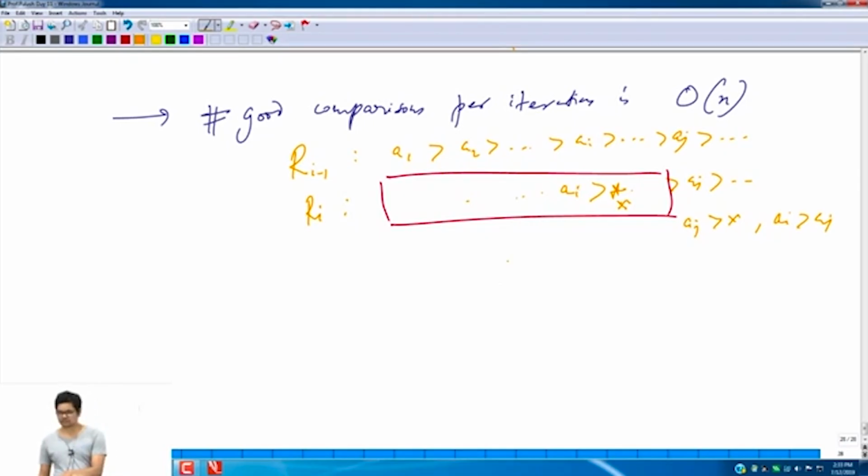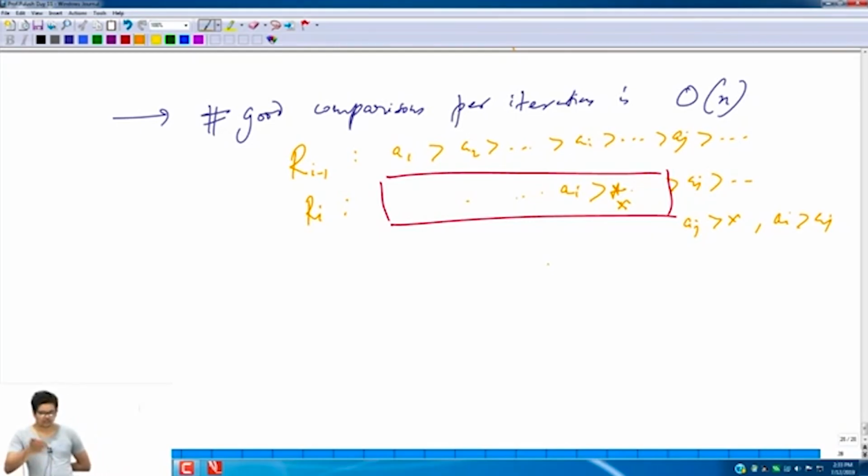Because AJ got compared with AI, AJ is greater than x, and because AI and AJ is a good comparison, they are ordered in the same fashion in Ri and Ri minus 1, and that means AI must be greater than AJ. So after this comparison for AJ, we know the place where AJ should be inserted. It should be inserted between AI and x, isn't it? AJ is less than AI and greater than x.